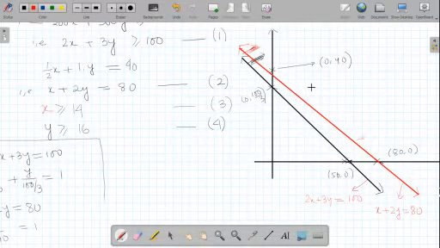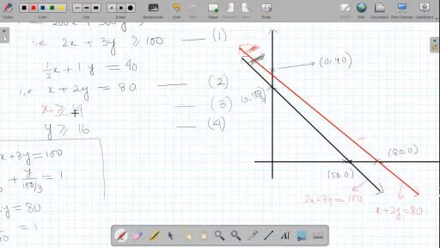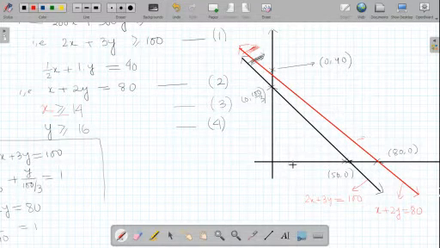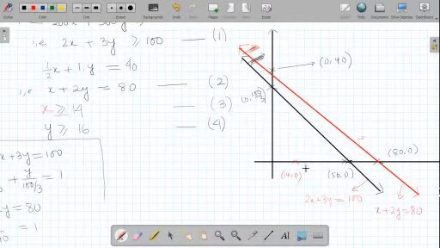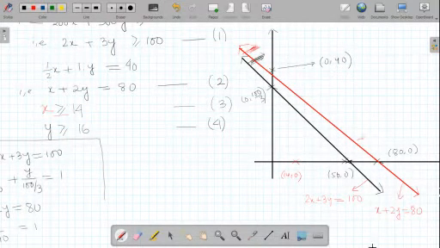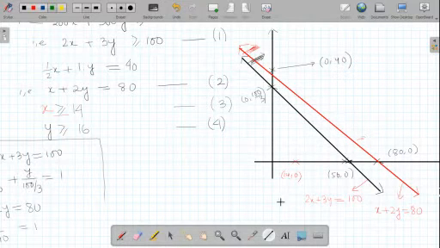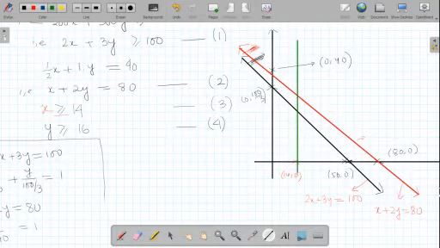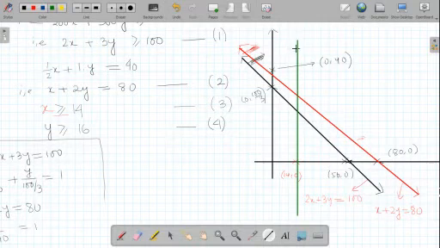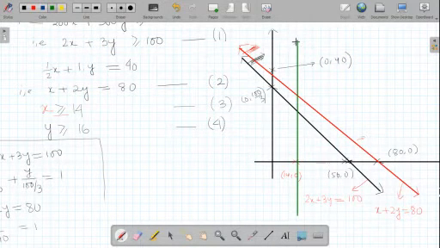Now the third, x greater than or equal to 14. X 14 will be somewhere here. Okay, let's say x 14 is here. How we will draw the graph? Just join the line. And this is my x equal to 14 graph.